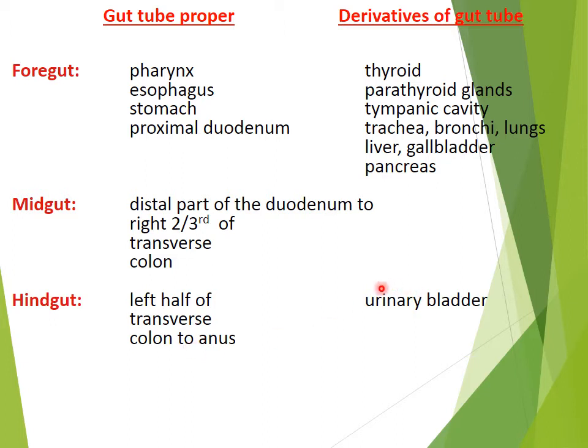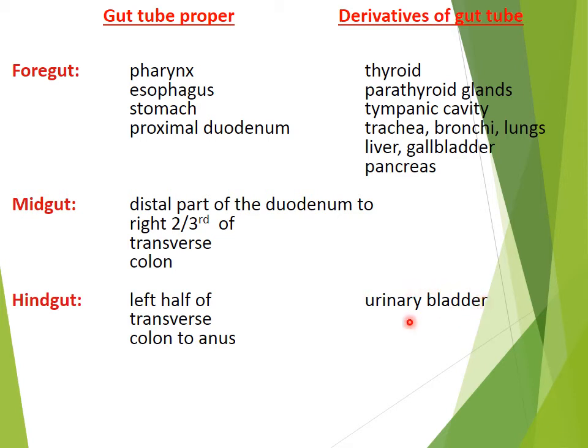So for the urinary bladder, the epithelium or mucosa is all endodermal tissue, derived from the gut tube. So this is also endodermal in origin.